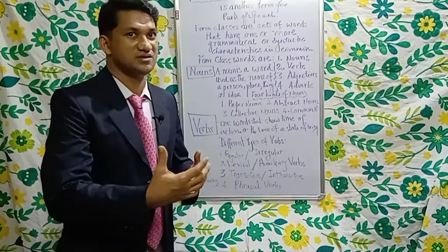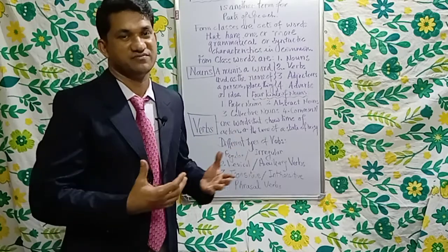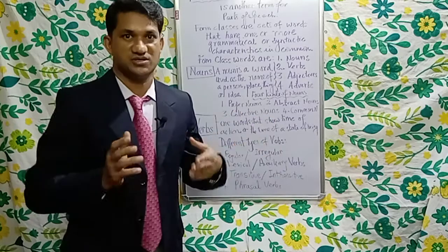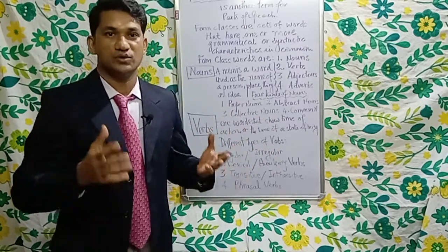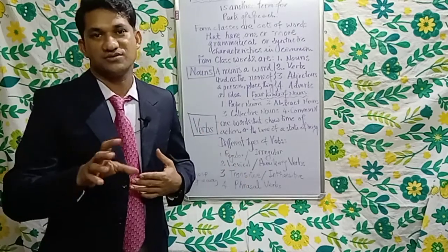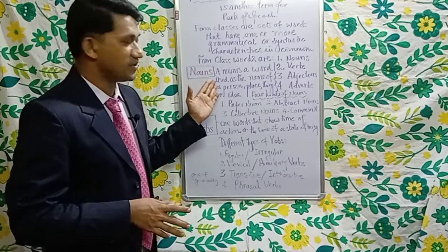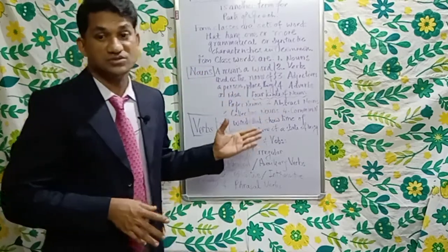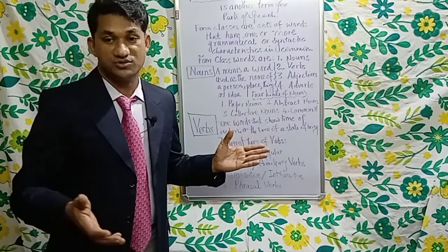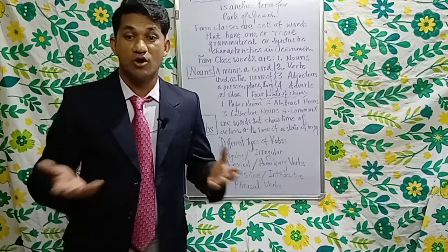So grammatic and syntactic functions, functioning as the subject, functioning as the verb, functioning as the object. Everybody knows that, and we know that there are form classes, and they are four in number: nouns, verbs, adjectives, and adverbs. So we know nouns, and we know the four types of nouns: the proper nouns, the abstract nouns, the collective nouns, and the common nouns.